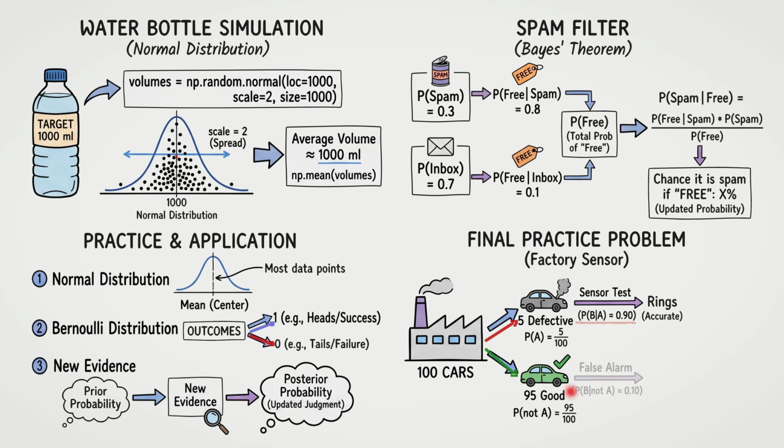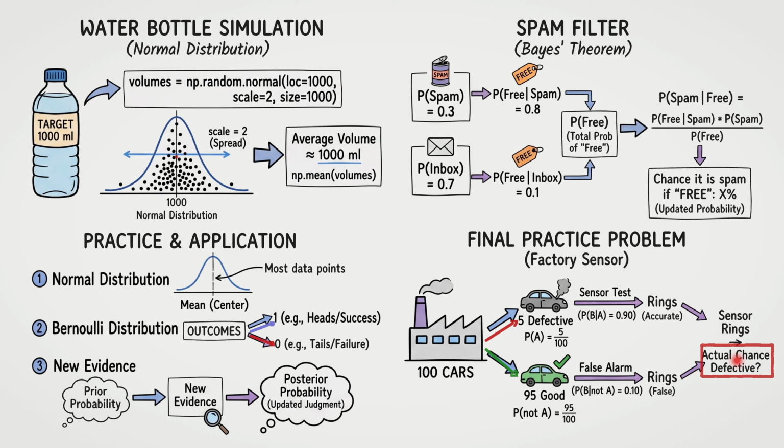But for the perfectly good cars, it still gives a false alarm 10% of the time. If you are standing on the factory floor and the sensor suddenly rings, what is the actual chance the car is defective? You would solve this exactly like the Python logic in the spam filter. Figure out the total chance of the sensor ringing at all and use that to find your updated probability.